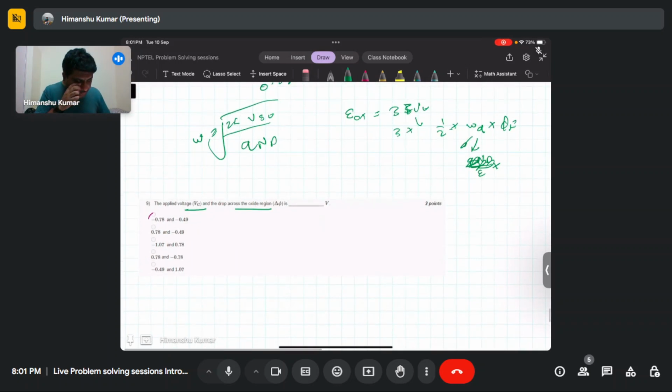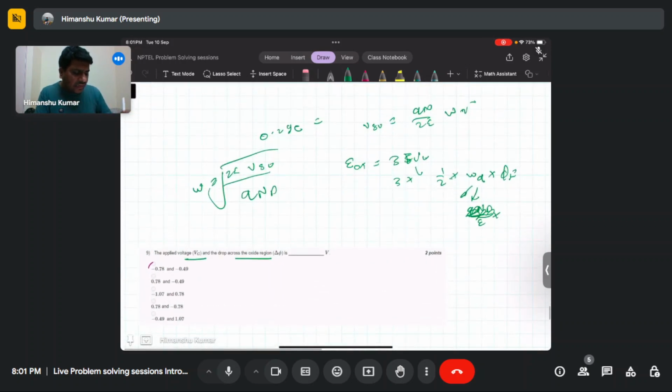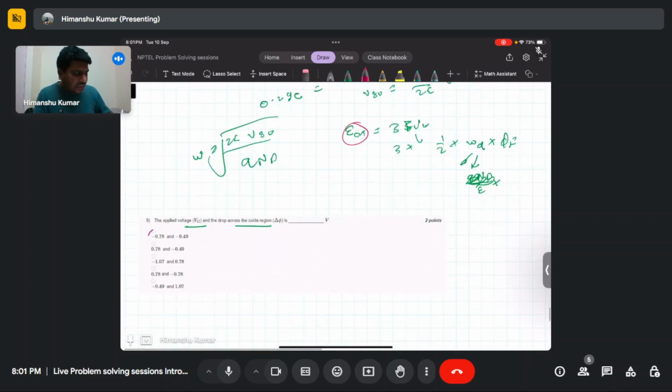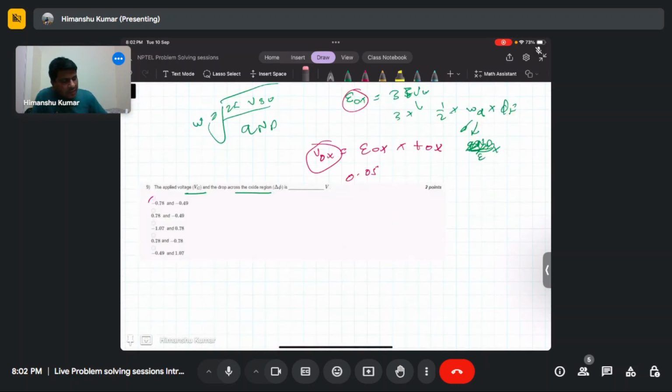The potential drop across the oxide region is just the field in the oxide region times the thickness of the oxide region. With this you can calculate the potential drop across the oxide region, which you will see is around minus 0.49 volt, because this is in the negative direction.